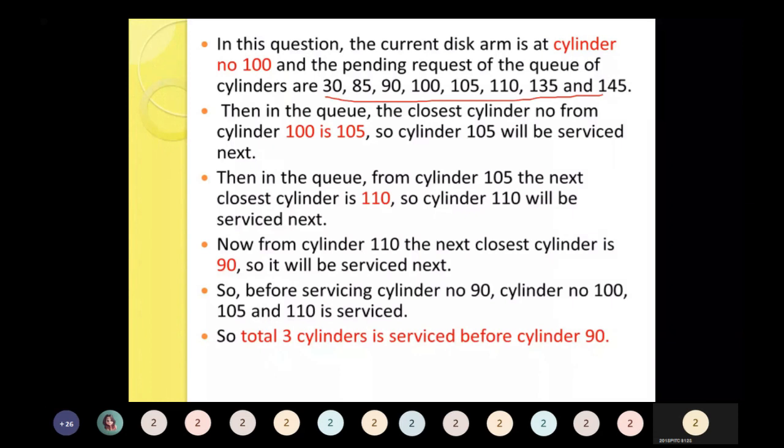The shortest seek time principle serves the request closest to 100. The current position is 100, so 105 is the closest. After 105, the next closest cylinder is 110. After 110, the next closest cylinder is 90.